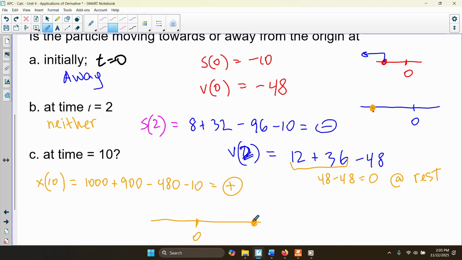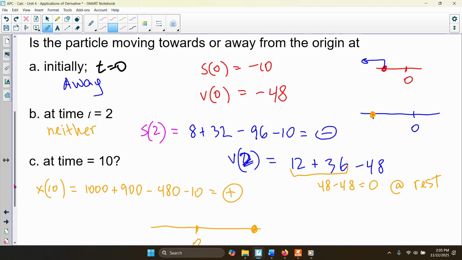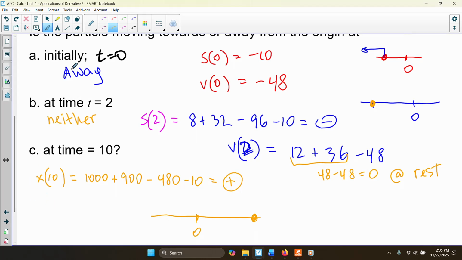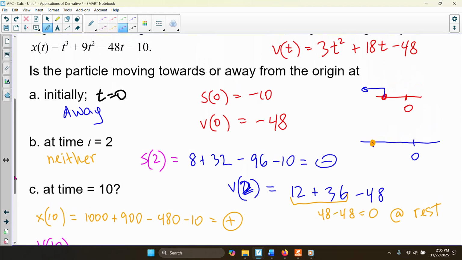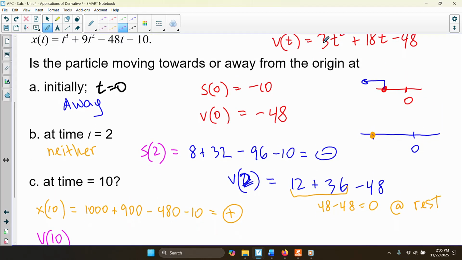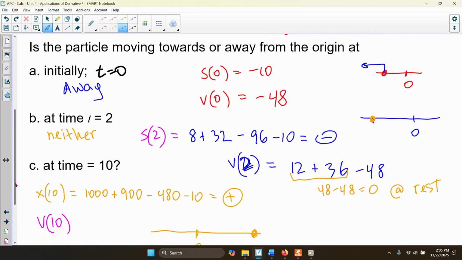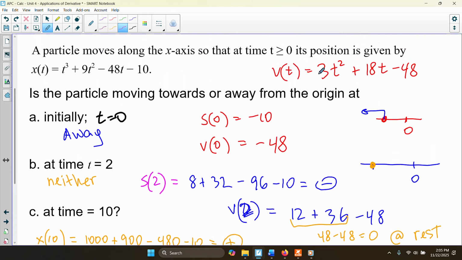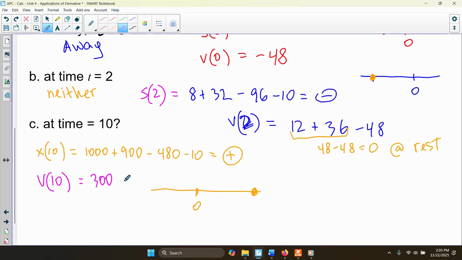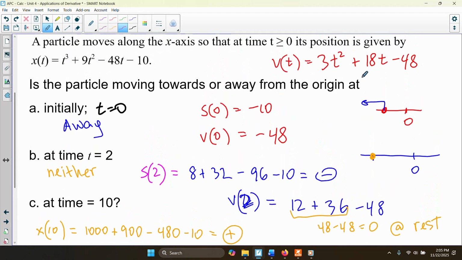So you're over here somewhere, and the only question is, at that moment, what is your velocity? So let's do the velocity function. Velocity at 10, so this is 300, right? I'm literally plugging in 10 in here, and then plus 180, and then minus 48.